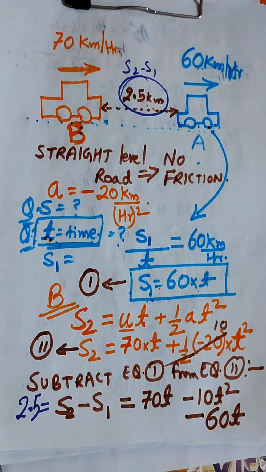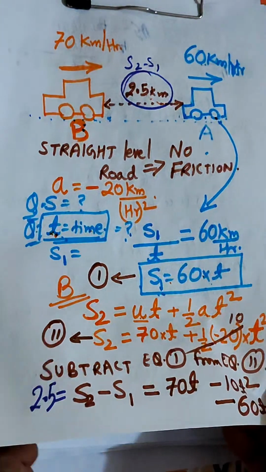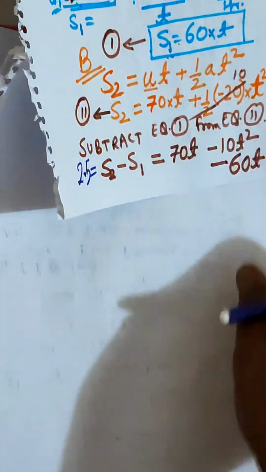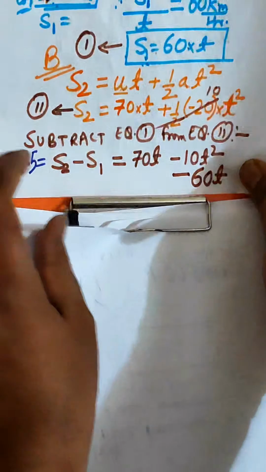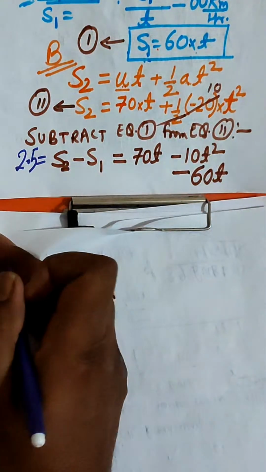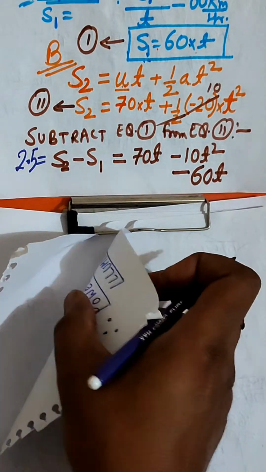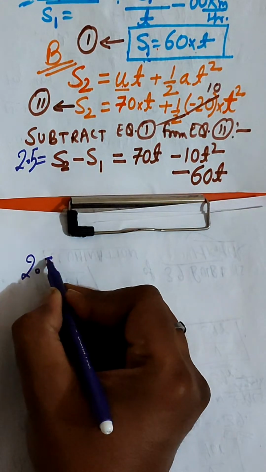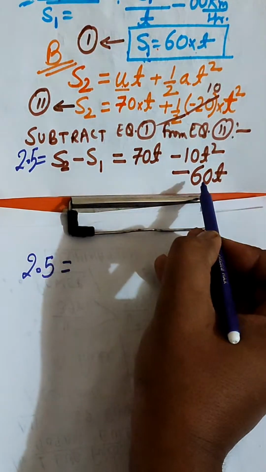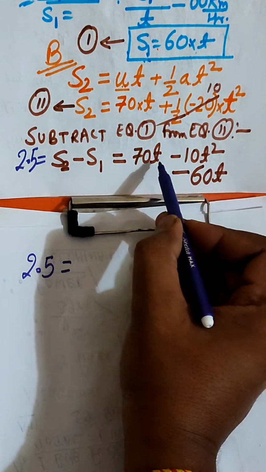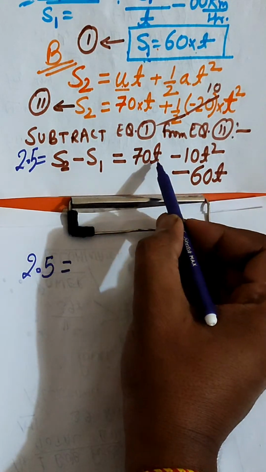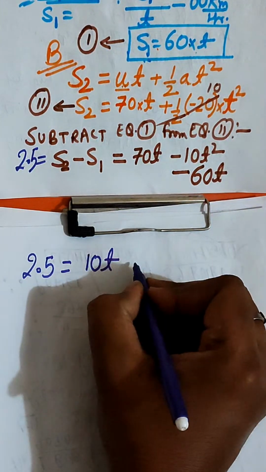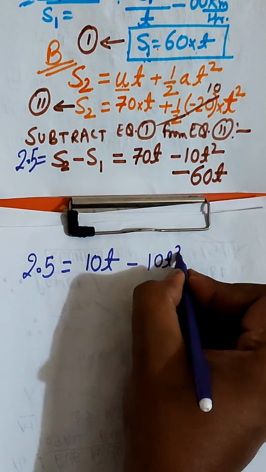Now we will be coming to an equation like this: 2.5 is equal to 70t minus 60t, which gives you 10t, and minus 10t square.